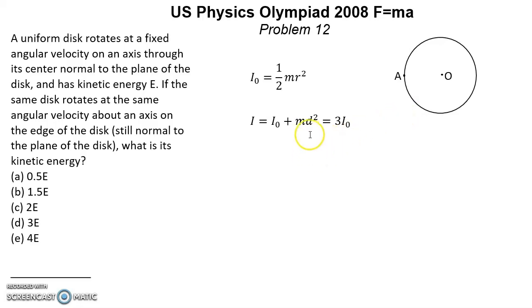In our case, the distance is exactly the radius, and it means that we just triple the moment of inertia.